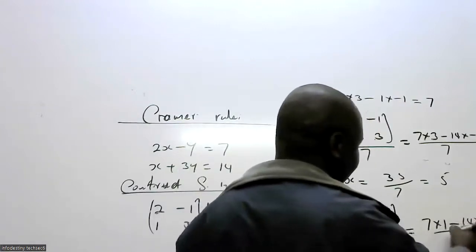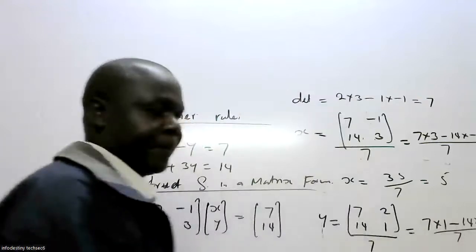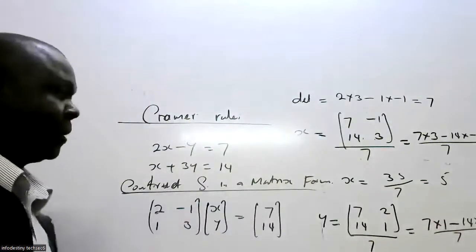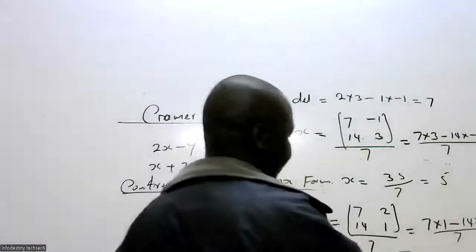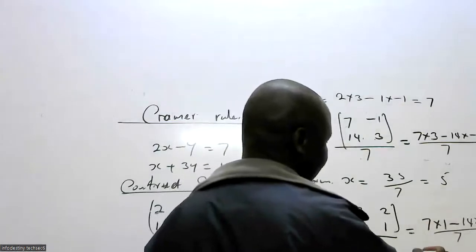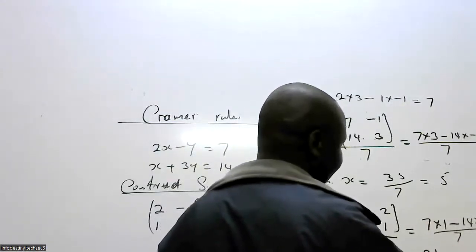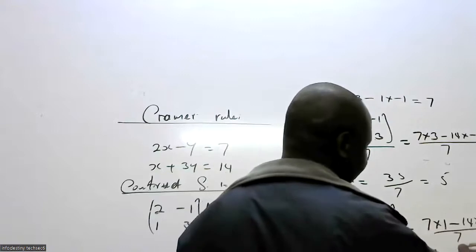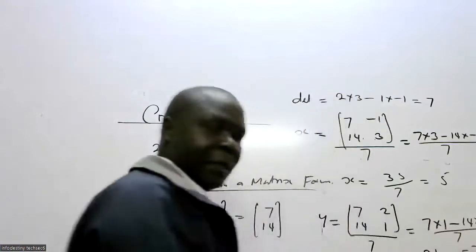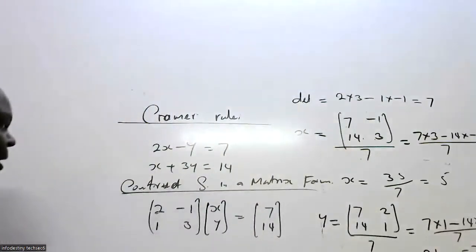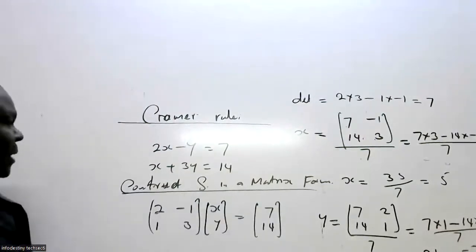Divide by 7. Negative 21. So y equals negative 21 divided by 7. It's going to be negative what? 3.